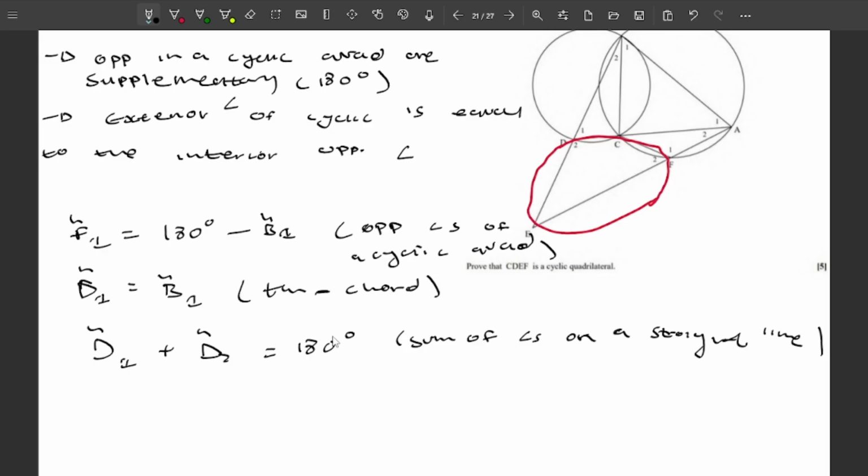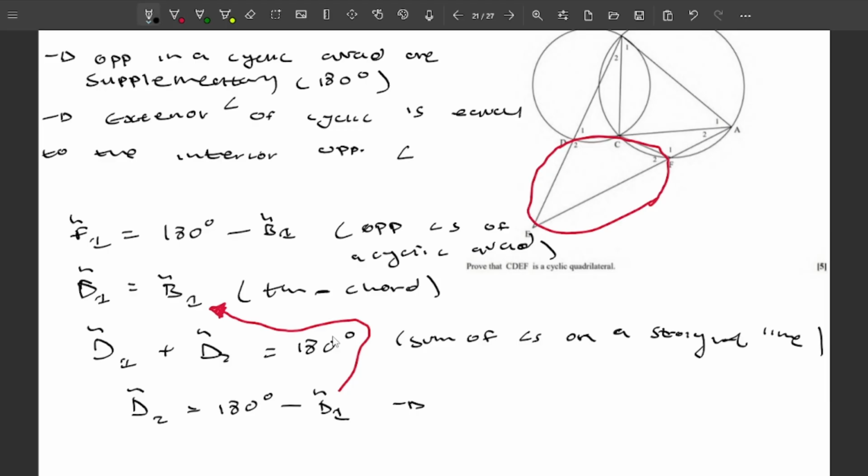Now we can say angle D2 is equal to 180 degrees minus angle D1, of which angle D1 is equal to angle B1.